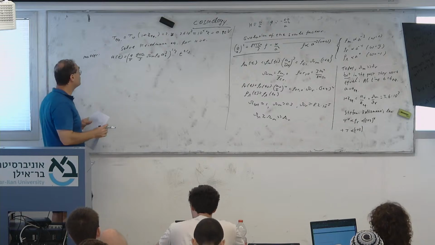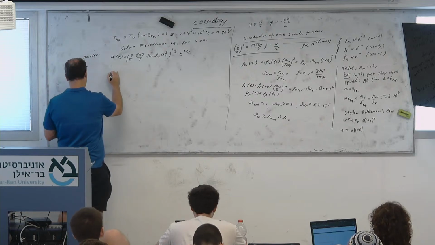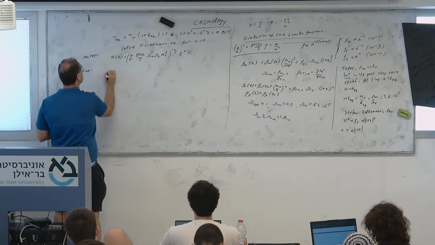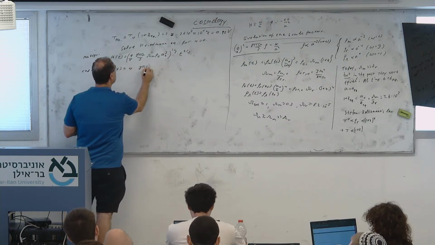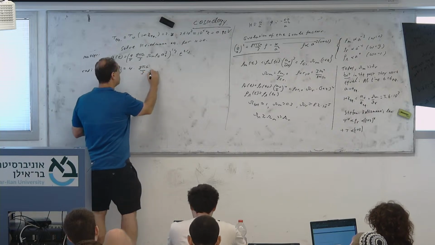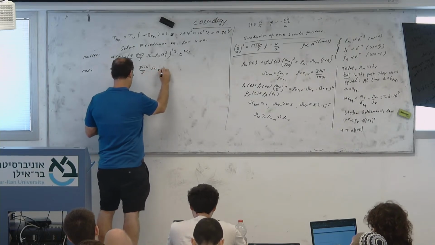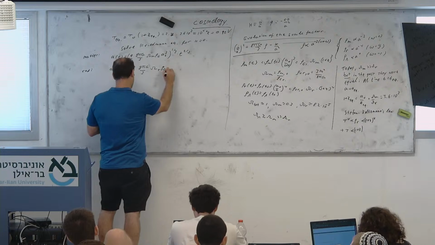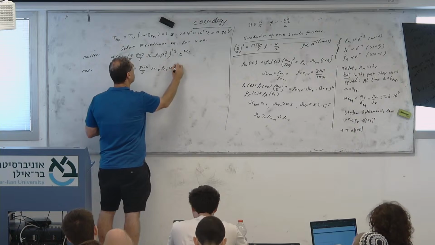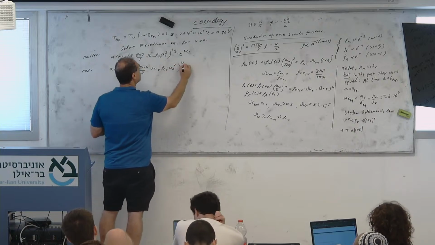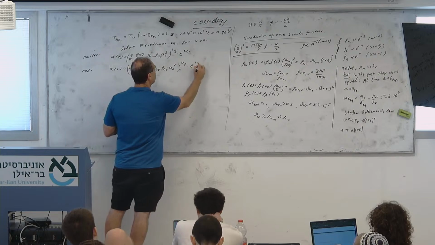For radiation, we have a of t equal to (4 times 8 pi G over 3 times omega radiation times rho c for critical times a0 to the 4) to the power 1/4 times t to the power 1/2.